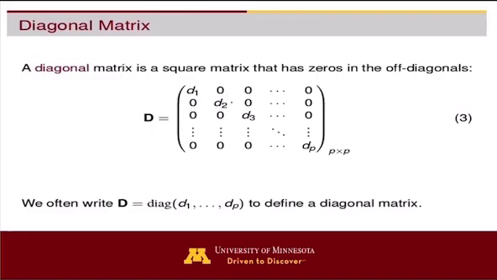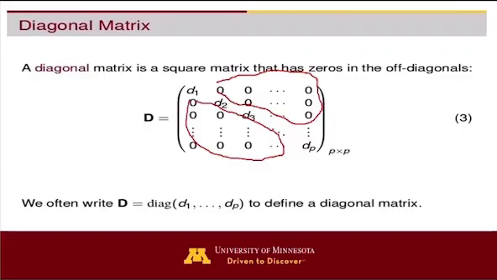Where is the off diagonal? This is off diagonal. This is also off diagonal. All numbers in the off diagonal are zeros. But in the diagonal, at least one number is not zero. This is an example of a diagonal matrix.